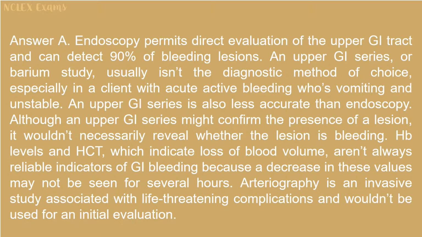Although it might confirm the presence of a lesion, it wouldn't necessarily reveal whether the lesion is bleeding. Hb levels and HCT, which indicate loss of volume, aren't always reliable indicators of GI bleeding because a decrease in these values may not be seen for several hours. Arteriography is an invasive study associated with life-threatening complications and wouldn't be used for an initial evaluation.